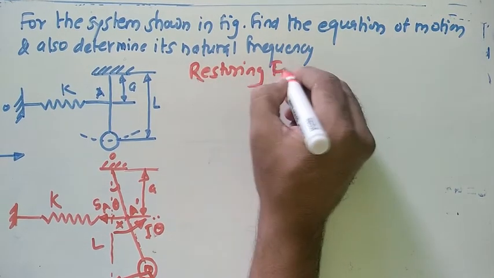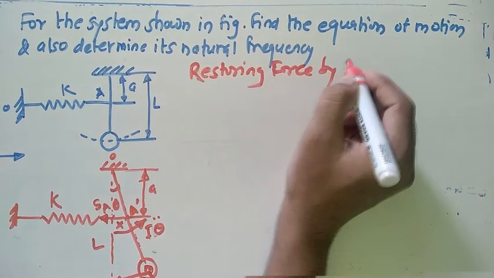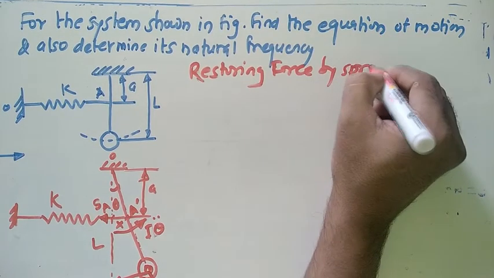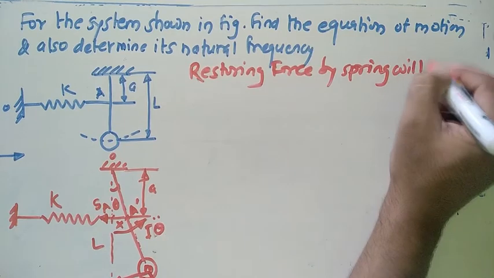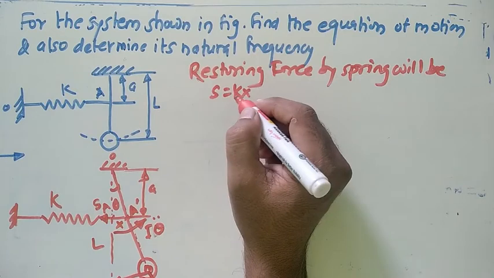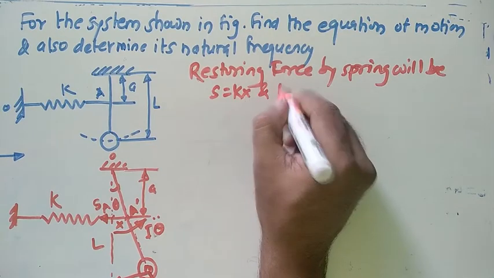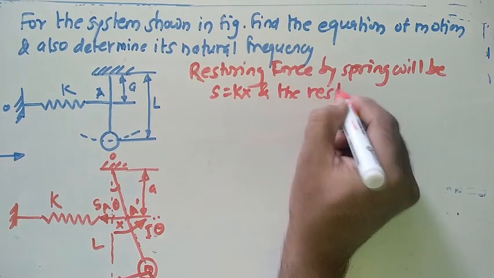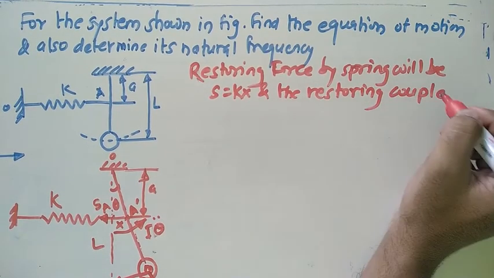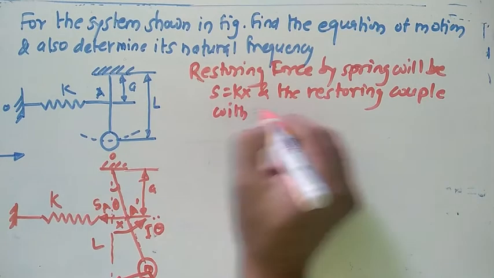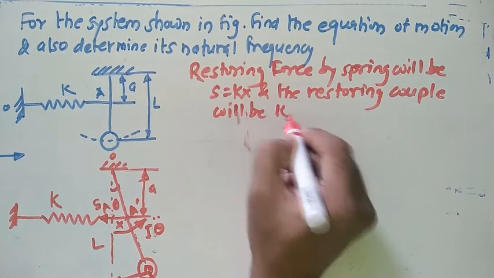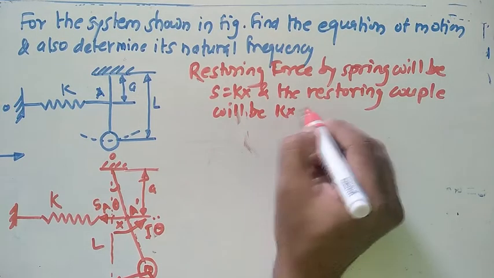The restoring force by the spring will be S equals k into x, and the restoring couple will be k into x multiplied by a.